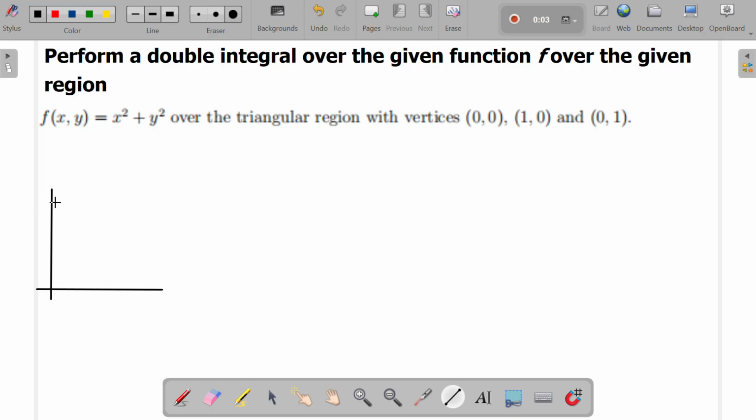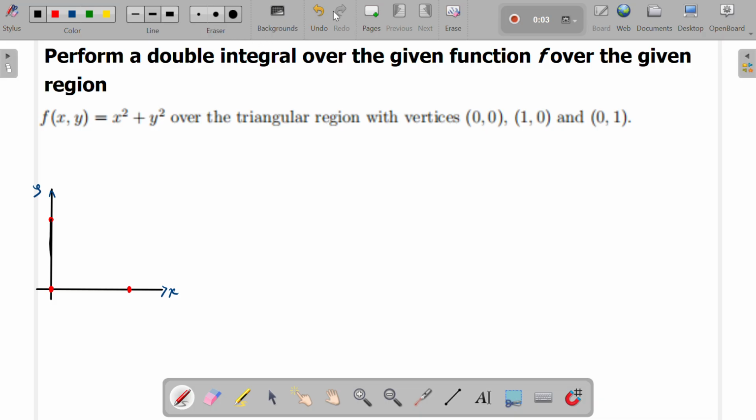The vertices for the triangular region are (0, 0), (1, 0), which would be at that point, then (0, 1), which would be at this point here. So let's try to connect these points so that we see what we have.